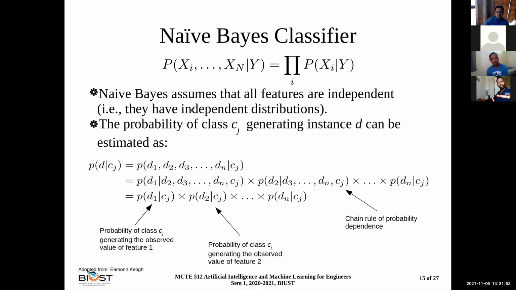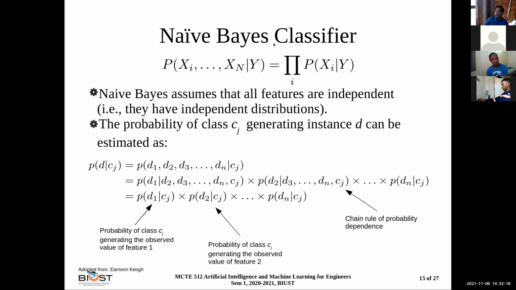These are the things that we need to consider in the naive Bayes classification. We should be interested in the conditional probability of instances or features, and we assume that each feature is independent of each other.